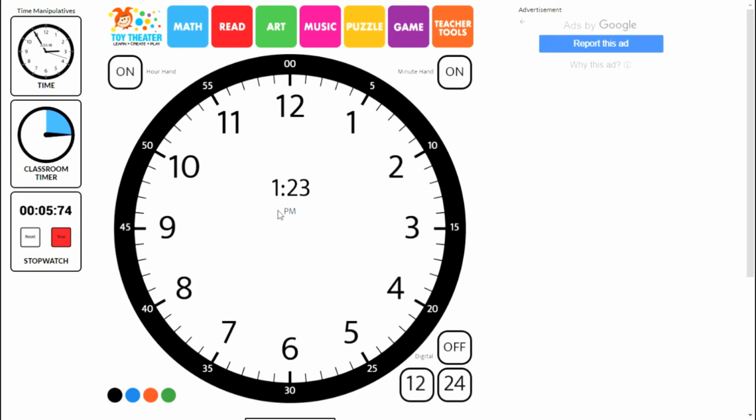Does that mean we go back in time? Well, that doesn't mean that. Time cannot go back. Time can only move forward. Okay? So, after AM will always come PM. And after PM, there will come another AM, which means another day.